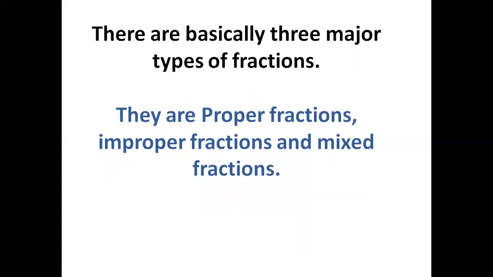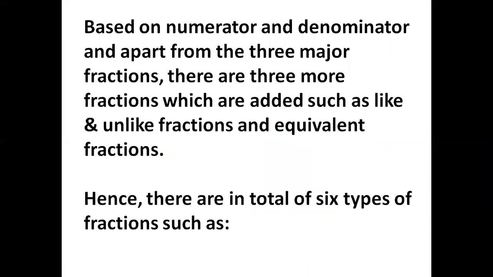There are basically three types of fractions. First is proper fraction, second is improper fraction, and third is mixed fraction. Based on the numerator and denominator, except these three major fractions, there are three more fractions: like fraction, unlike fraction, and equivalent fraction. So, in total, there are 6 types of fractions.